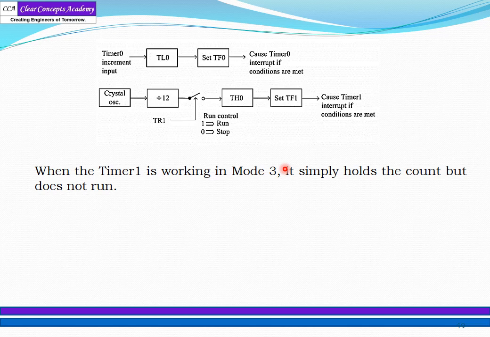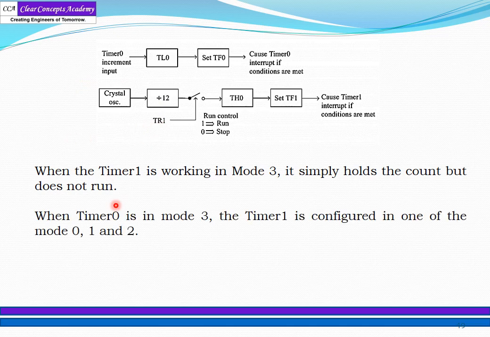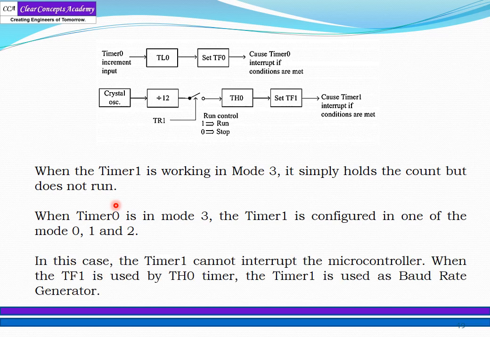When timer 1 is working in timer mode 3, it simply holds a count but does not run. Timer 1 is only holding the count; it is not actually running. When timer 0 is in mode 3, timer 1 is configured in one of modes 0, 1 and 2. In this case, timer 1 cannot interrupt the microcontroller.